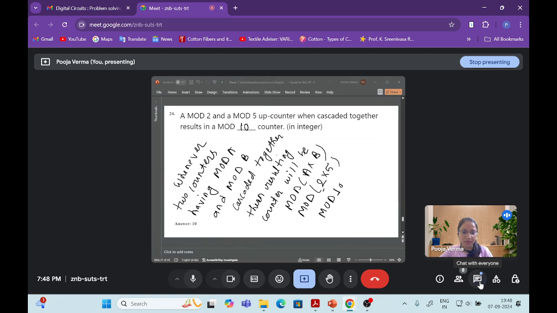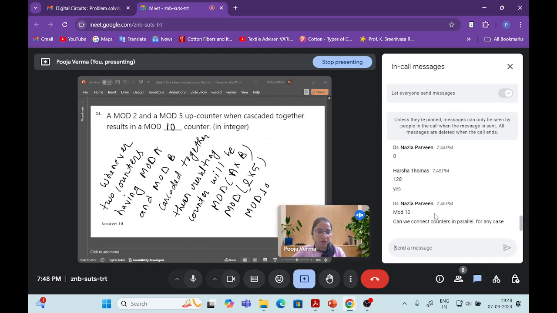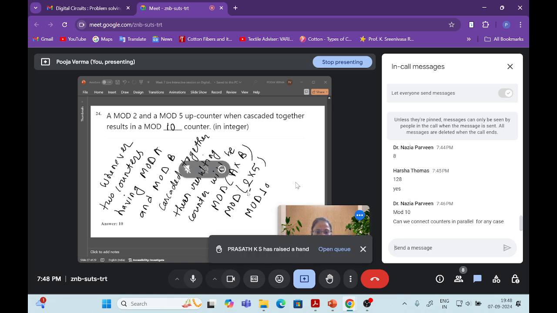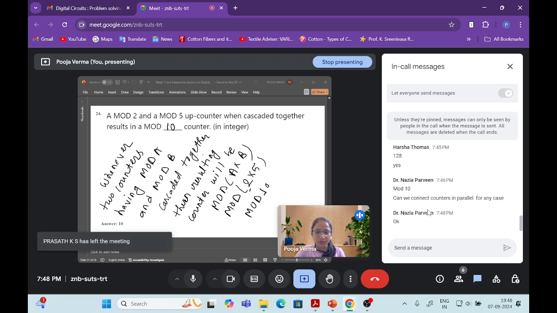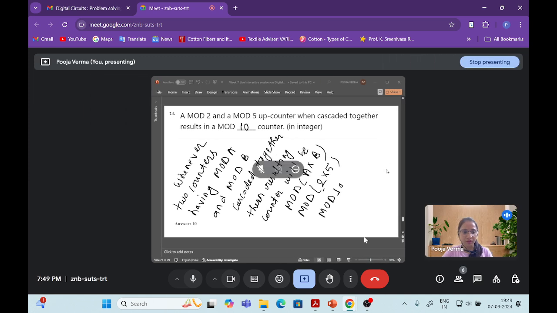Somebody is asking a question. Yes, it is mod 10. Can we connect counters in parallel in any case? No, if you connect them in parallel, it will count only that individual number. Yes, you can connect in any case, but you have to take the maximum one.